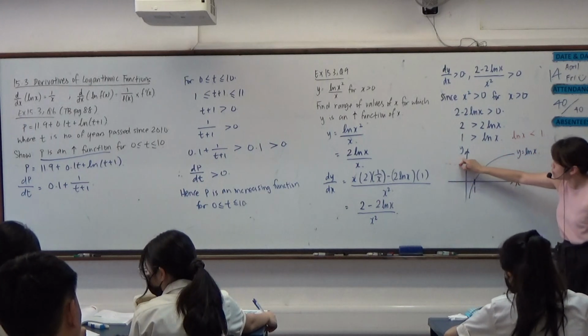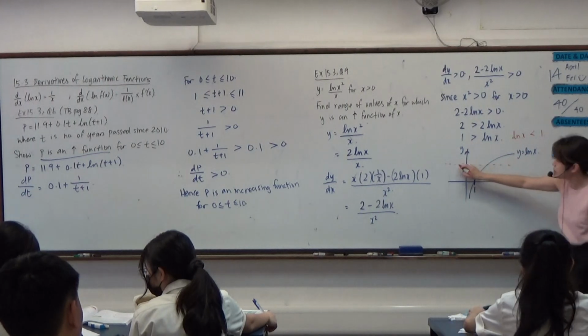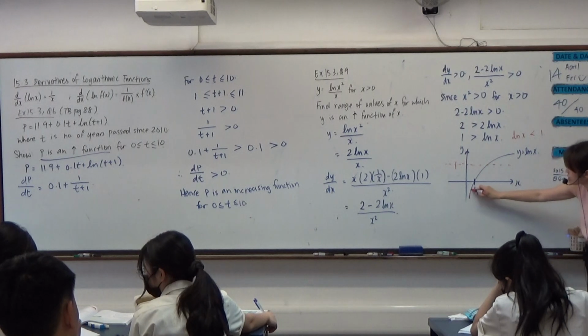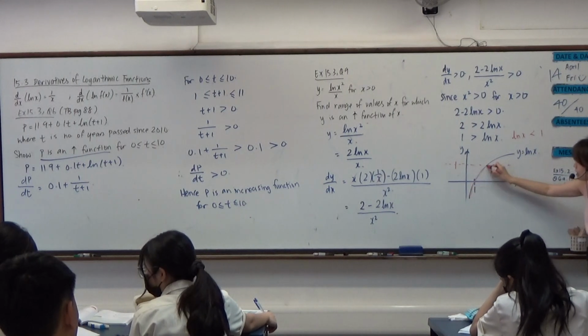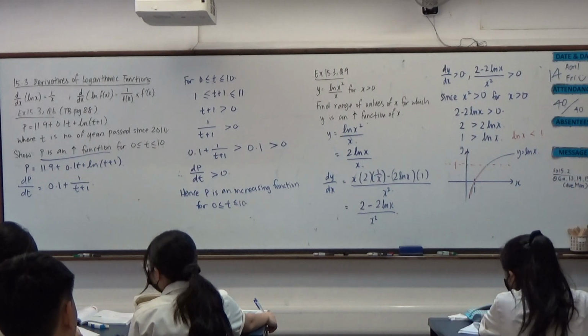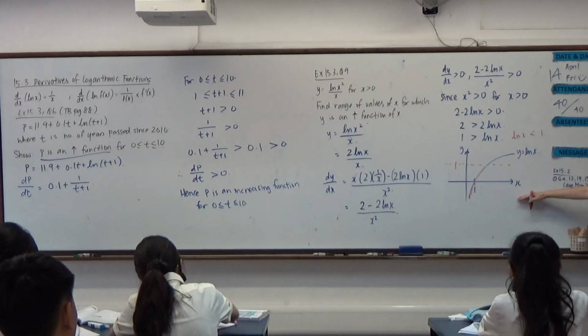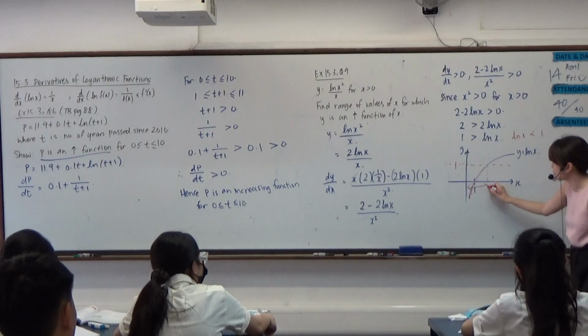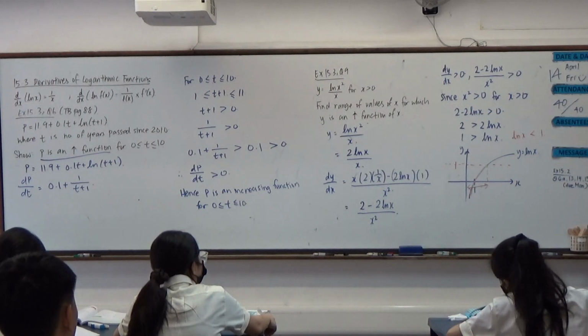So we want to know, at this point where y equals 1, where is the part where your log x graph is below that line itself? So this range of values is what we want as an answer.